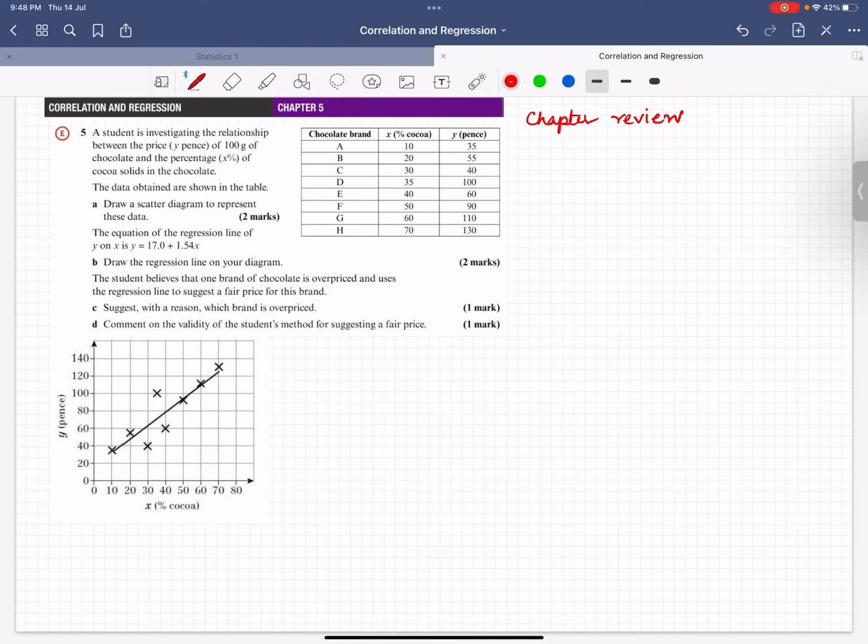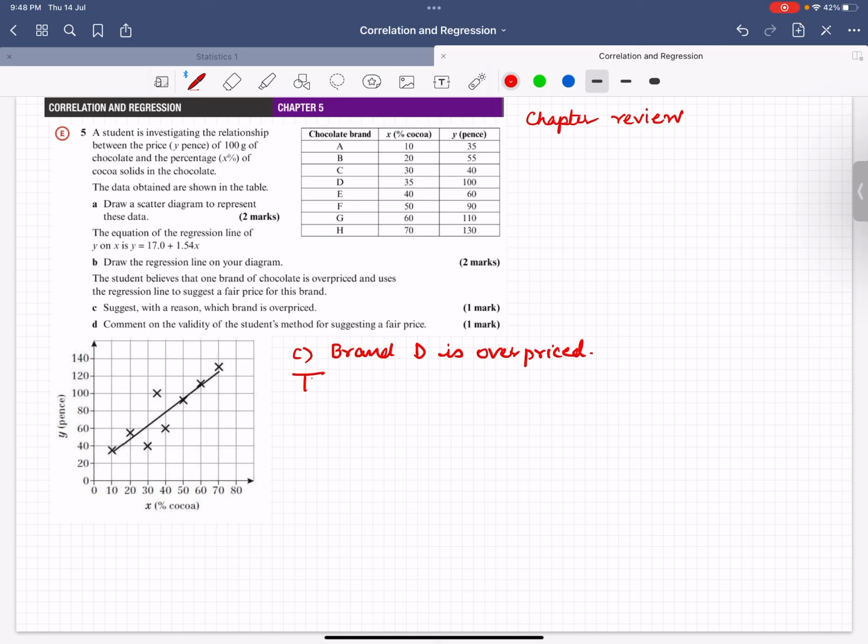So we can write here for C the answer, brand D is overpriced. We need to also suggest a reason. So one reason that we discussed is that the price is much more than what is expected.